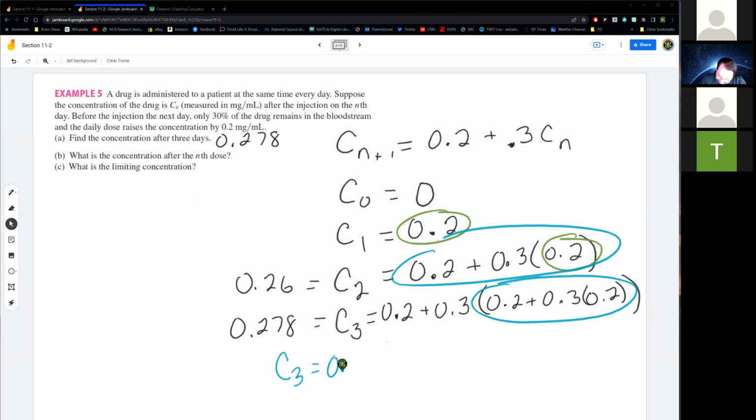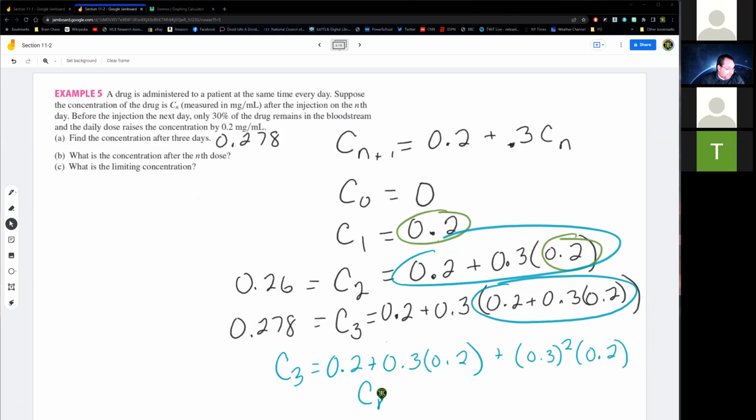There's 0.2 plus 0.3 times 0.2 plus 0.3 squared times 0.2. So notice how the 0.3 is the one being raised to the power, and the 0.2 is just continuously being added to it.